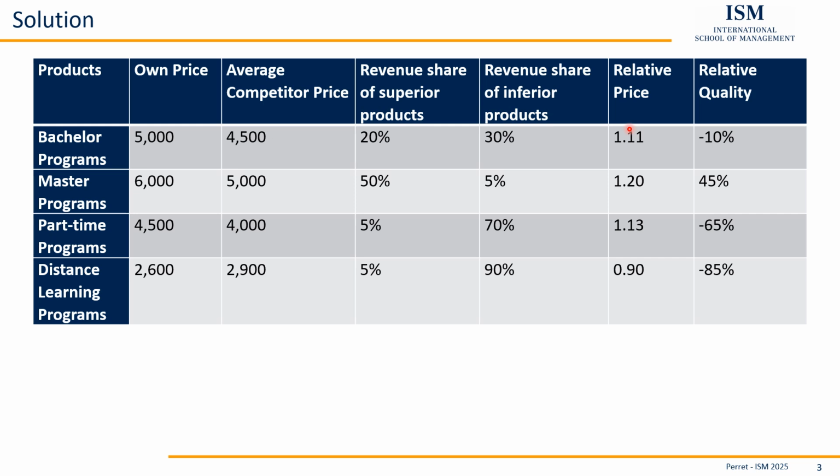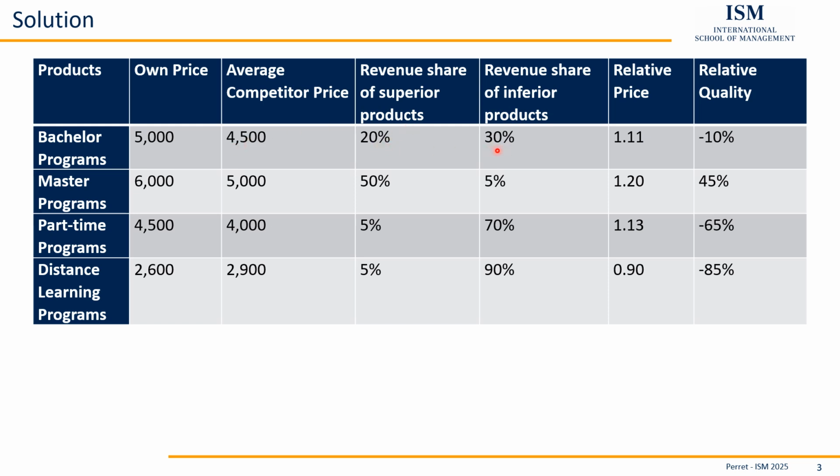In addition to price, I also consider quality. So here I simply take the difference between revenue share of superior and inferior products. I'm going for quotient here and difference here, because here I'm talking about absolute values, whereas here I'm already talking about relative shares.